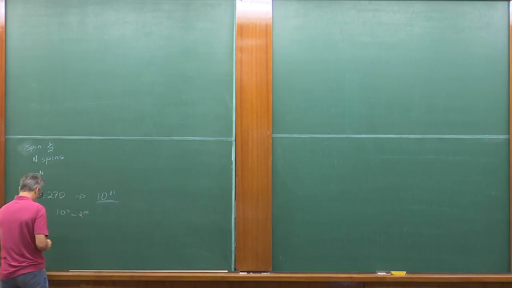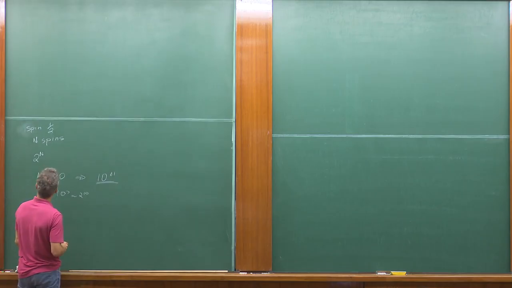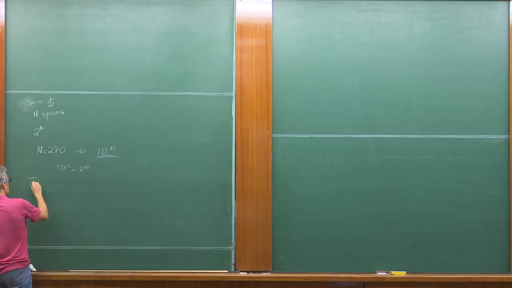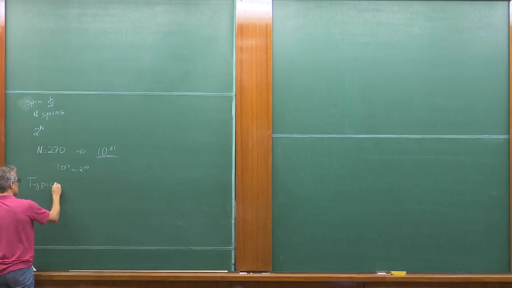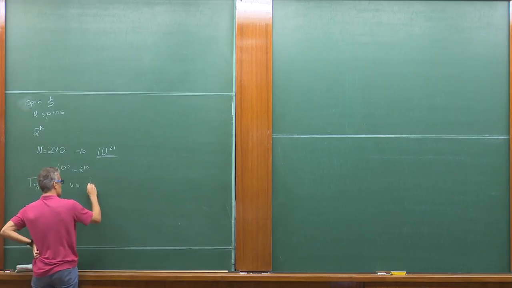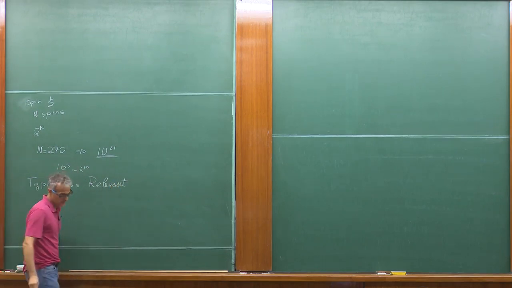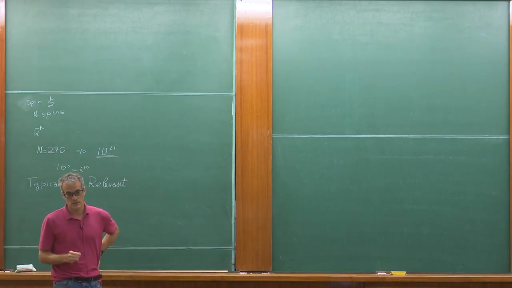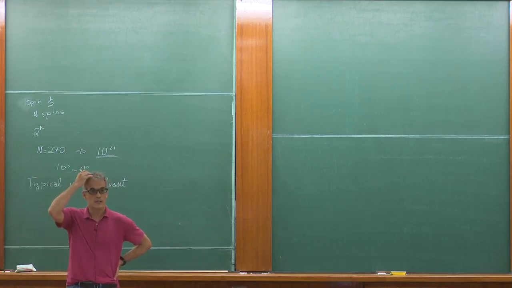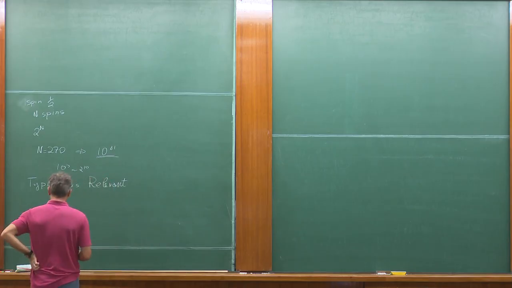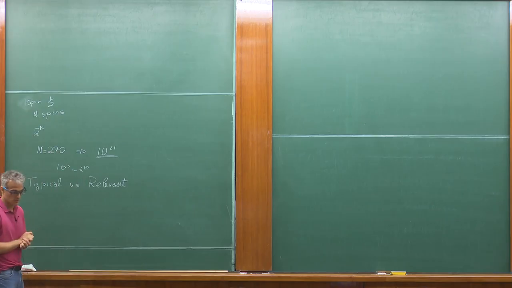The first thing I want to say is that there is a difference between typical versus relevant. Some problems may be difficult. For example, if I want to produce a generic quantum state, then it's really very hard to write. But there are many states which are relevant and which are not difficult to study.